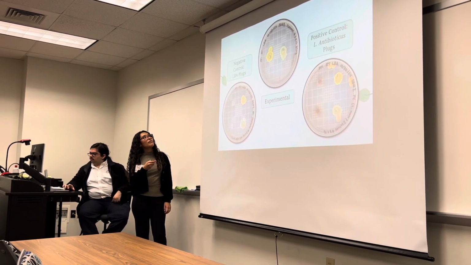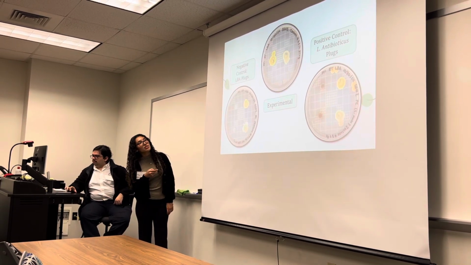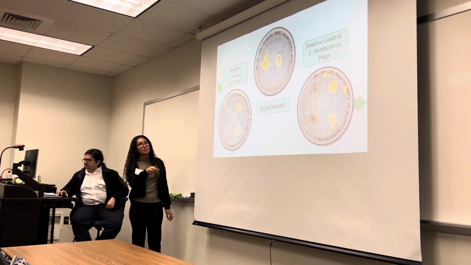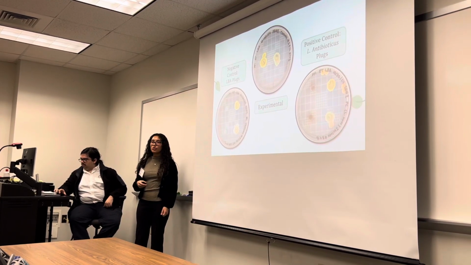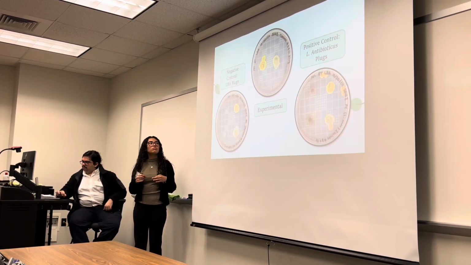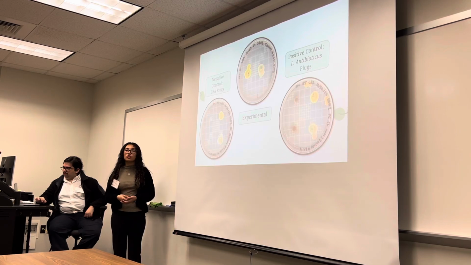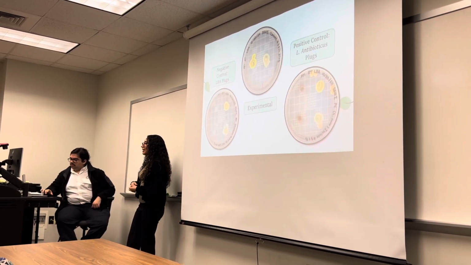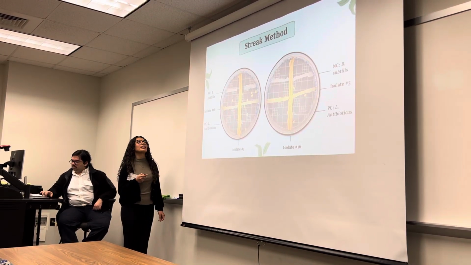I also had a negative control with LBA plugs put right here, and a positive control for my L-antibioticus plugs right here. However, with this experiment, I failed to put a good proximity between the 2 isolates, so it didn't really show any type of interaction since they were too far apart. That led me to go to a different method, which was the streak method.